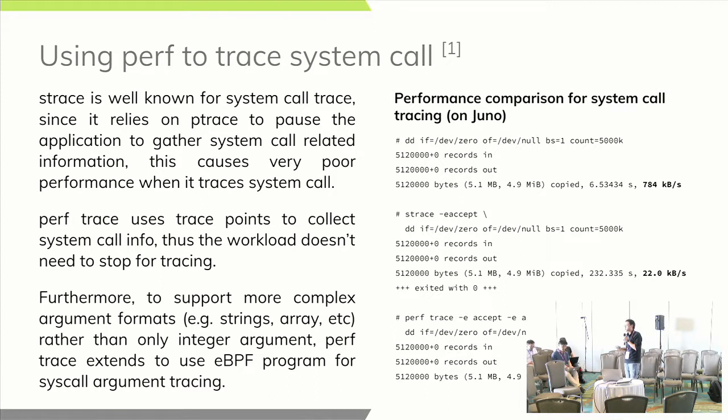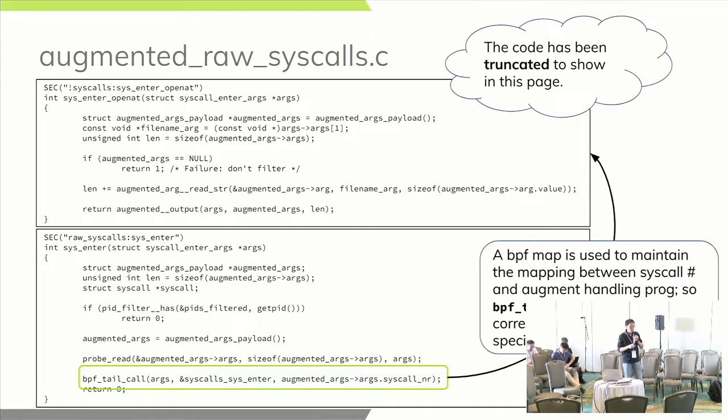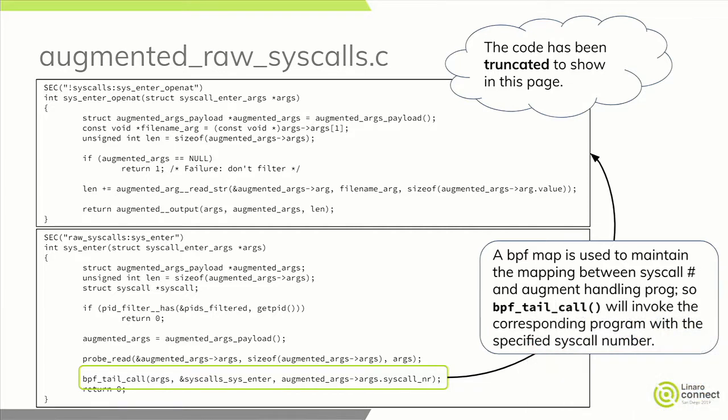This is a difficult thing for it. So this is why perf trace uses an eBPF program to help read out the string value and pass it from kernel space to user space. This is one example of Perf being used for system call tracing.